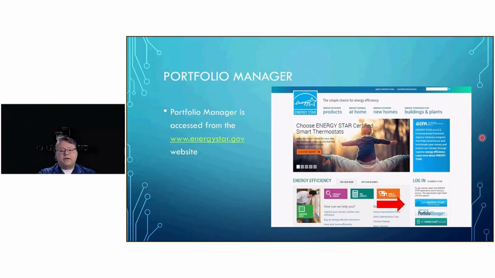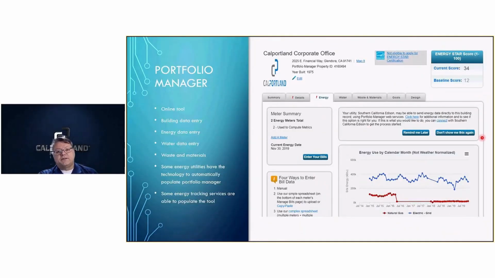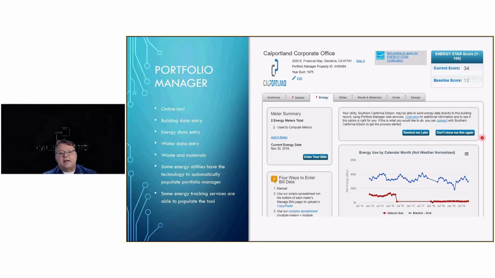Here's the Portfolio Manager. It's right on the website energystar.gov. It's actually a web portal. It isn't a spreadsheet or standalone. It's this web portal tool. When you log into it, we have 2 buildings in this. We have the Glendora building, and Steve Coppinger was mentioning the Crestmore facility where the lab is, and now we're going to be moving engineering and other people into that building.